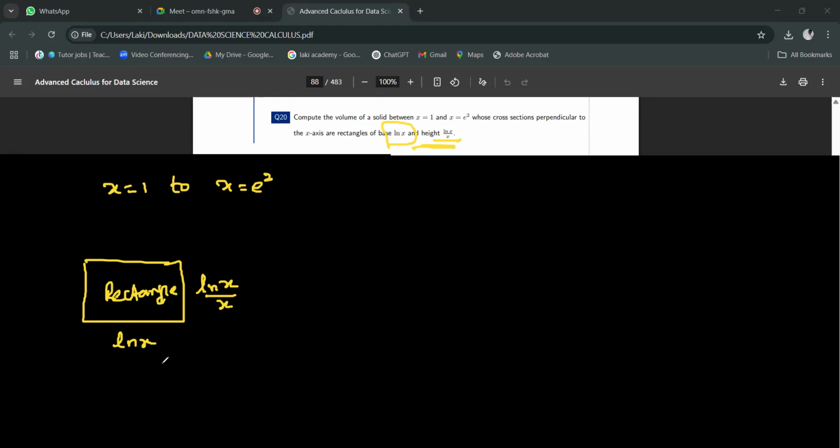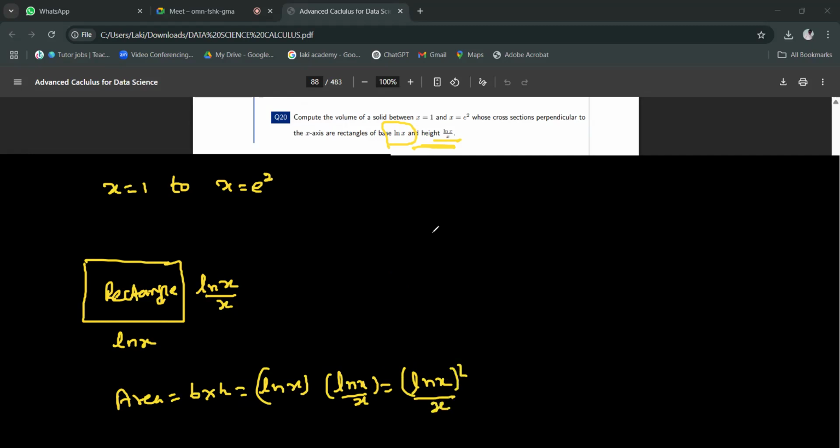You know the area of a rectangle is base into height. Base is ln x. Height is what? Okay. Volume is what?